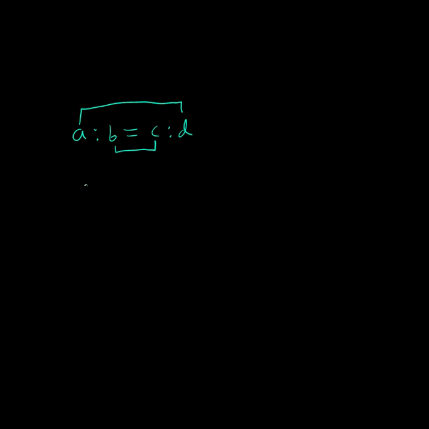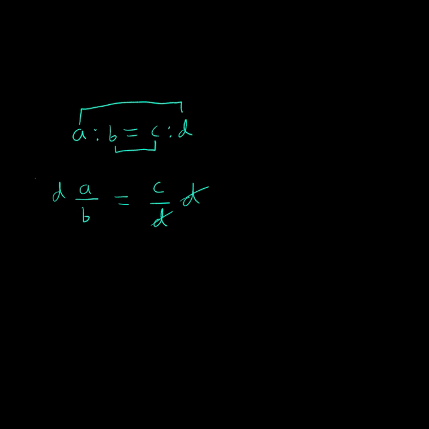So let's really quickly work through and see why that is. We can write our ratio as A over B, and this ratio we can write as C over D. And so, simply assuming that B and D are not 0, we can multiply both sides of this equation by D. Our D's cancel over there.